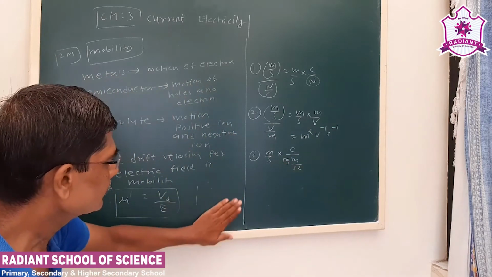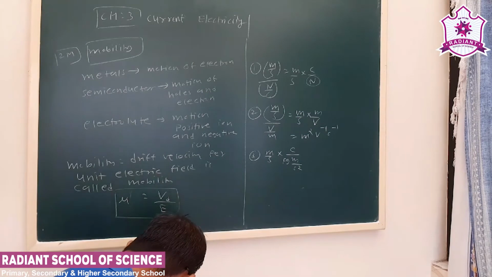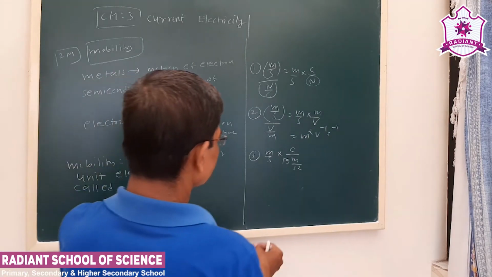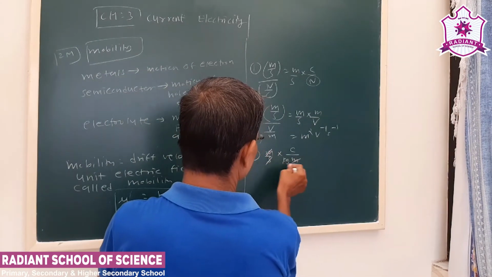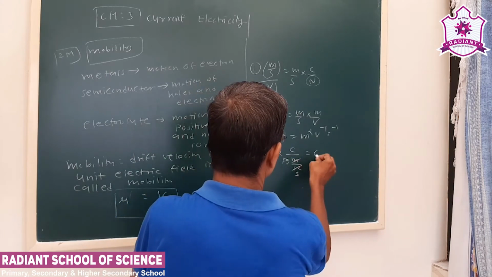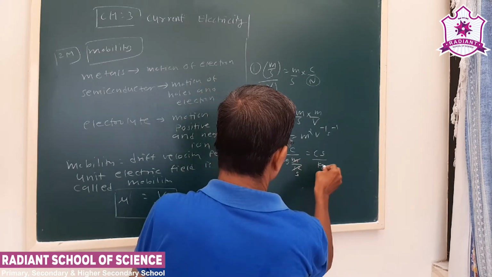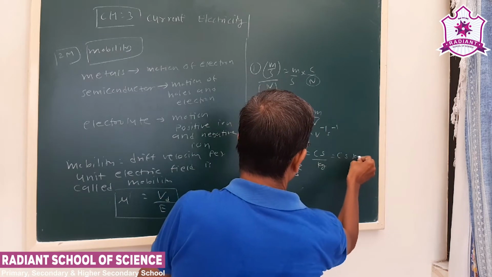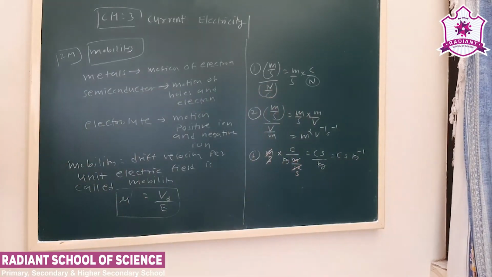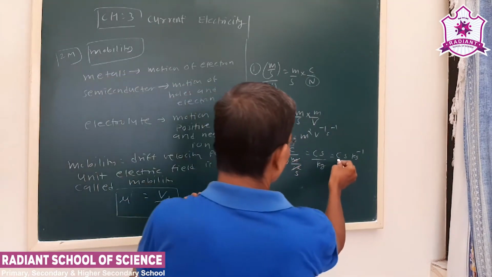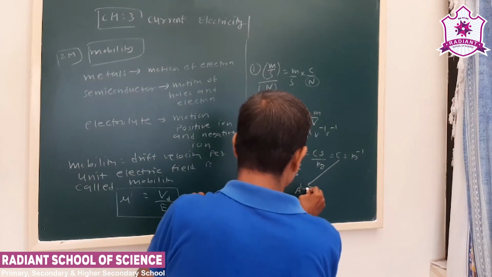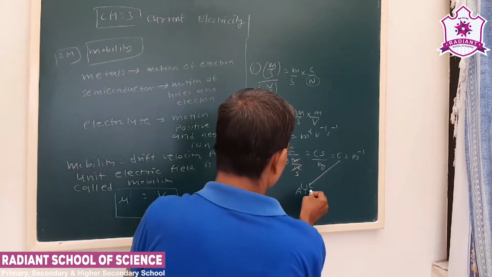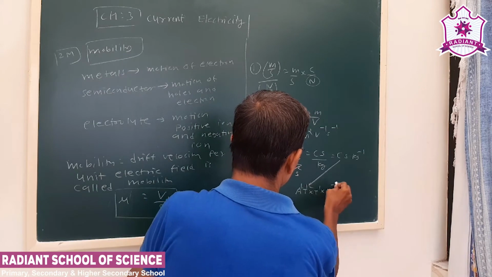Now we simplify. Meter is cancelled. Now the dimension of Q is A1 T1, time is T1, mass is M minus 1.